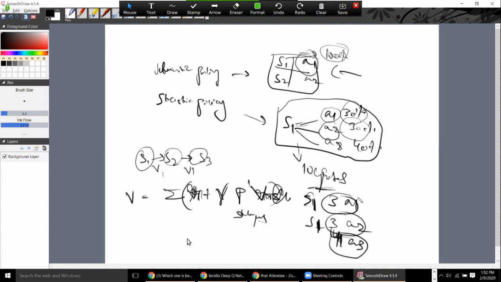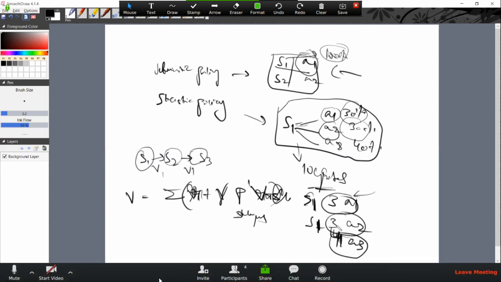If it is not 100% sure that every time you want to take this action, you may have to move to some other action also, and it will be probabilistic.